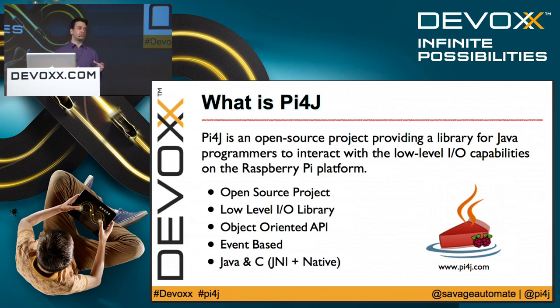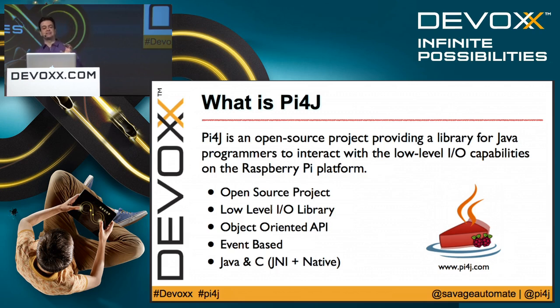Accessible to Java programmers so that youth could also leverage the Raspberry Pi and our programming language, Java, to create projects that they could interact with their real-world devices and sensors. And then on a personal level, I wanted to create it so that I myself could create my own embedded devices and make my home smart. So that's the reason why I created the project in the first place.